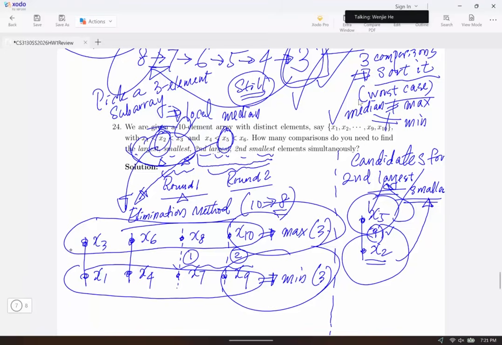Other than x2 and x5, let's look at the others. Look at the first round winners group; we run the tournament method, because when we find the largest, we run that tournament method.